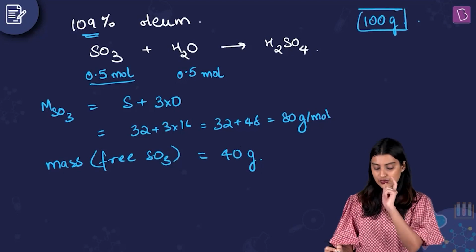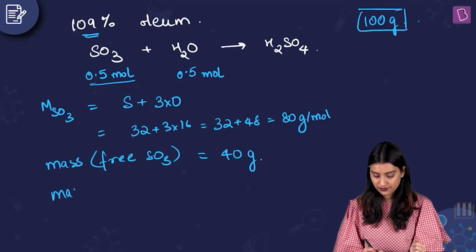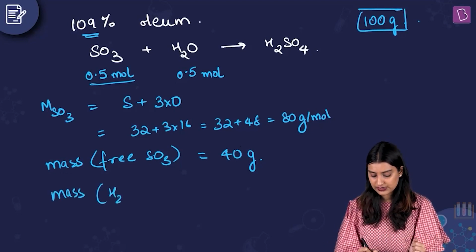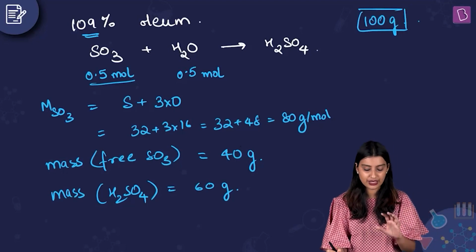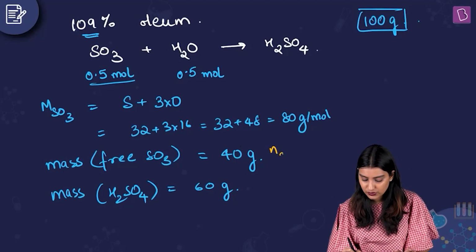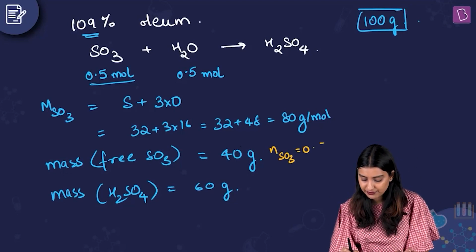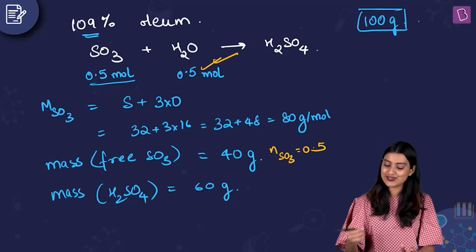So out of 100 grams, 40 grams is SO3, which means the mass of H2SO4, sulfuric acid, is going to be 60 grams. Correct? From here, you have to find out the number of moles of H2SO4. Number of moles of SO3 came out to be 0.5 because we found that out earlier. So this is your Y.